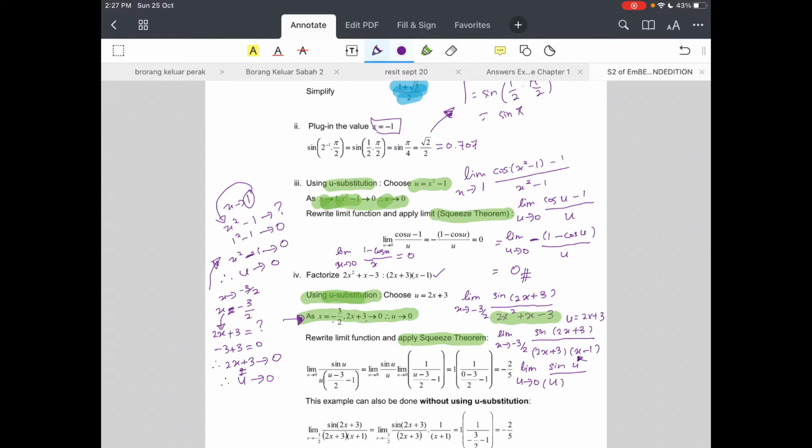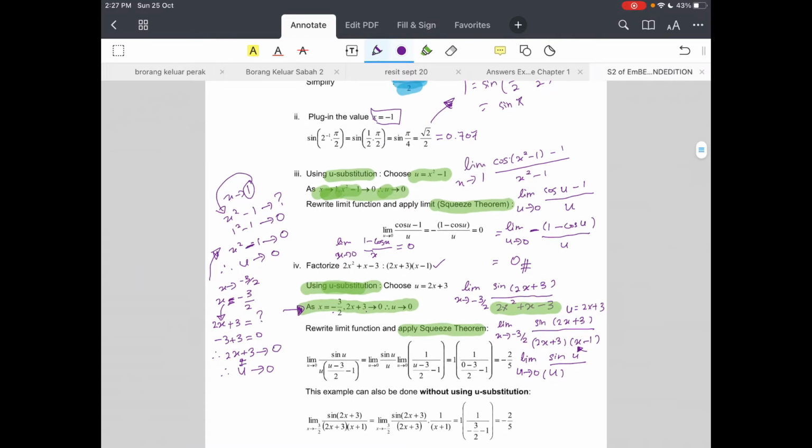Then we still have another variable x here. Since x no longer exists because we already changed to u, we need to rearrange the x here to become u. In order to do that, you need to make a little modification. We already picked u equals 2x plus 3.